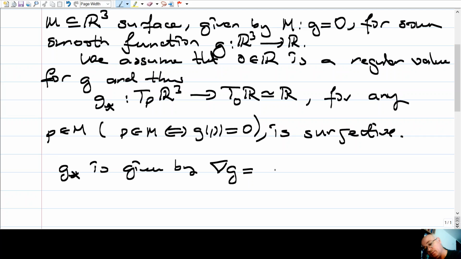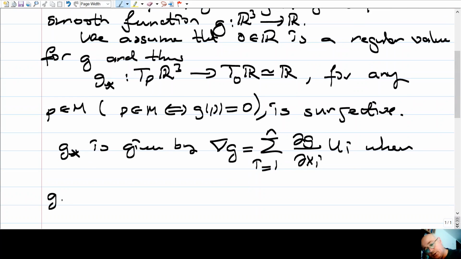Where g star at any vector v is just the gradient of g at P dot product v.